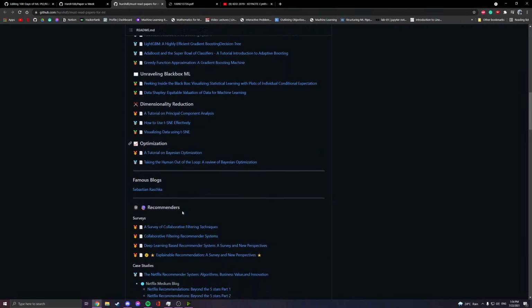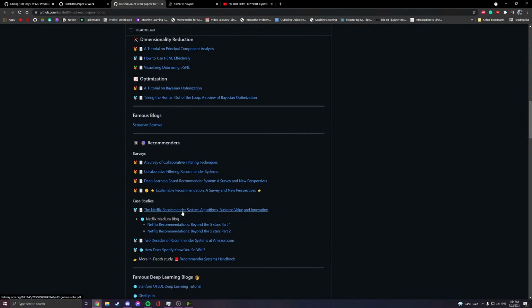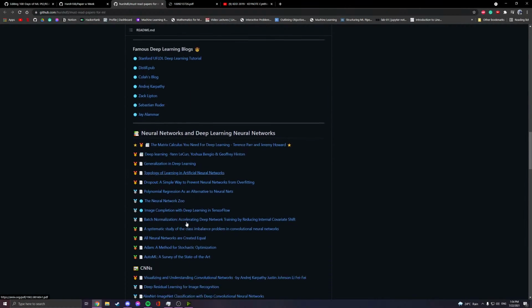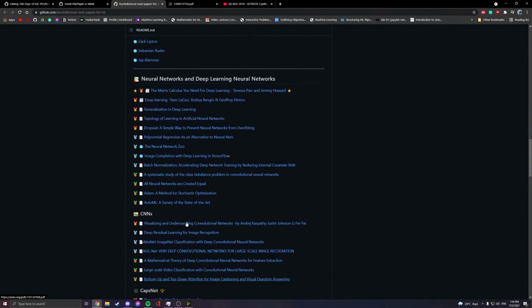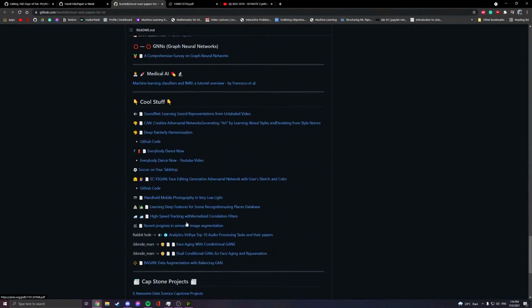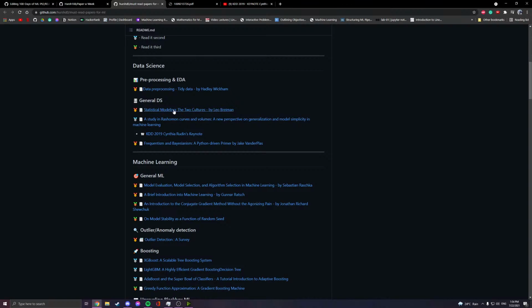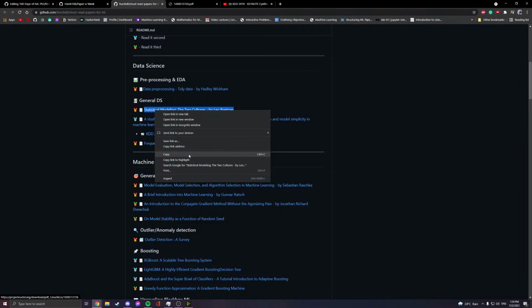XGBoost, some forest algorithms. So yeah, there's a lot of work to go through. Probably start reading this tomorrow.